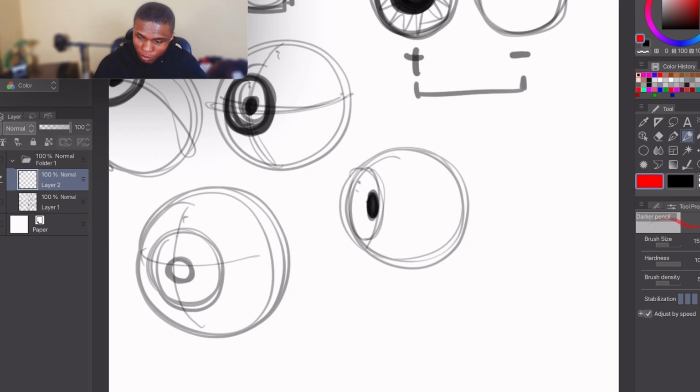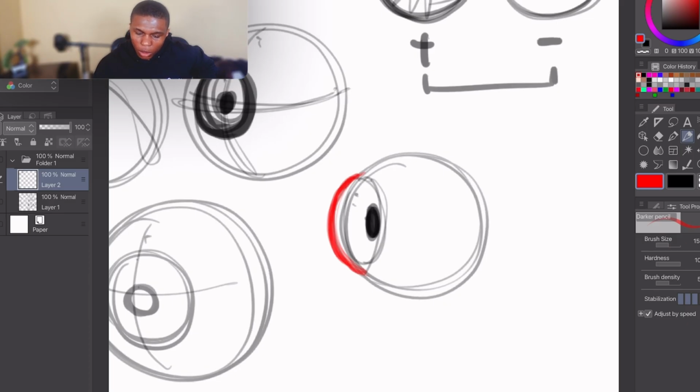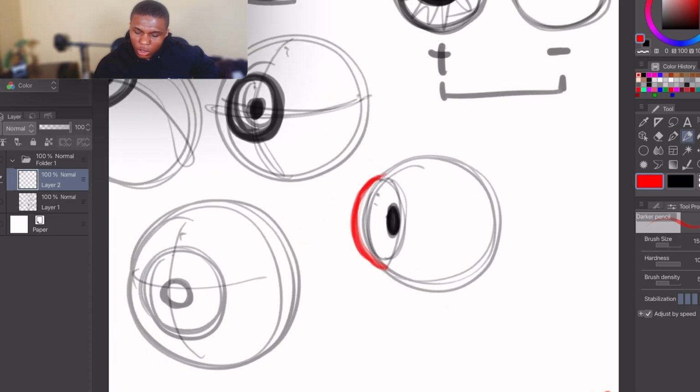And then you're going to have your cornea pop out like this. So your cornea is just convex. It's convex in nature. So it's going to pop out like this, and it's going to be like a shield.